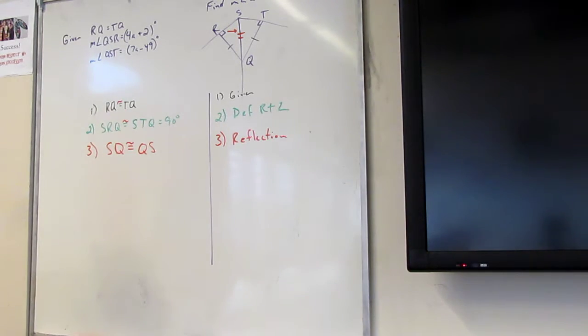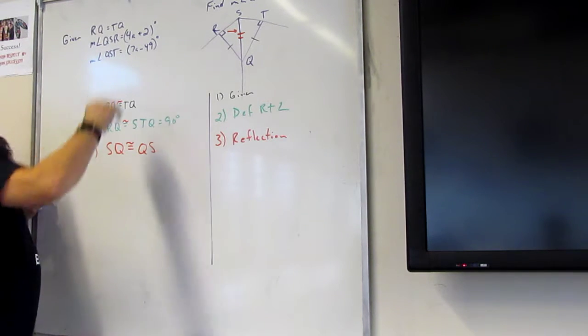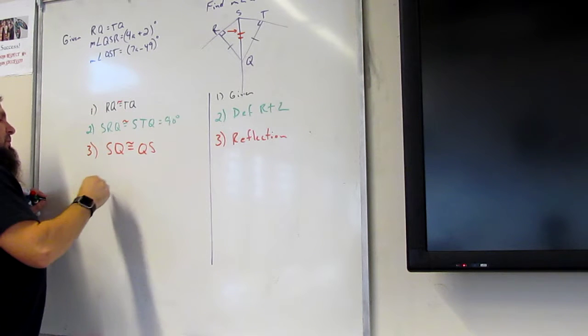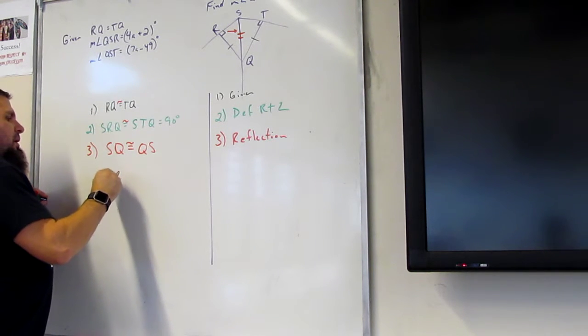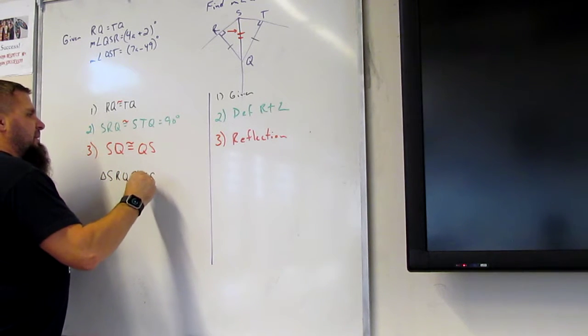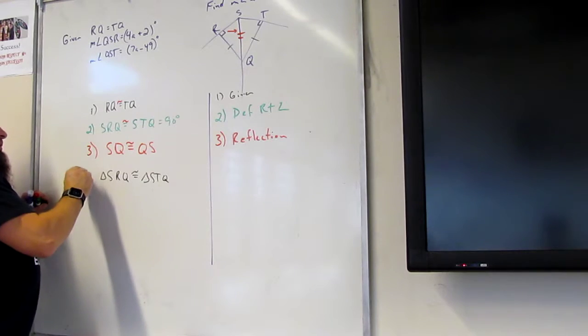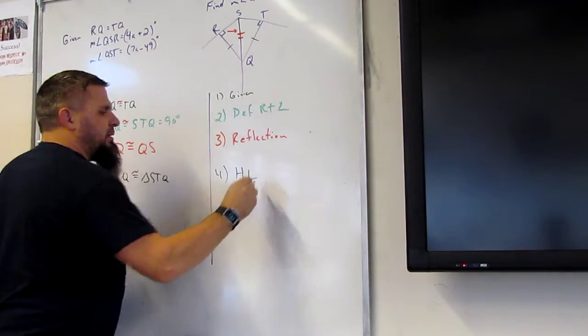Okay? And because of that, then we know that the triangle SRQ is congruent to triangle STQ due to HL.